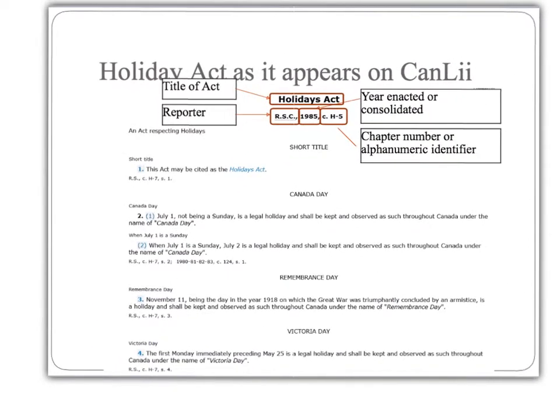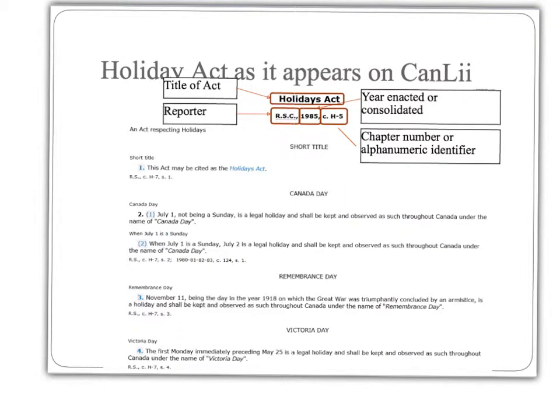Here's the Holiday Act as it appears on CanLII. We have the title of the Act. We have it as the Revised Statutes of Canada. We have the year of the reporter, 1985, and chapter H5.